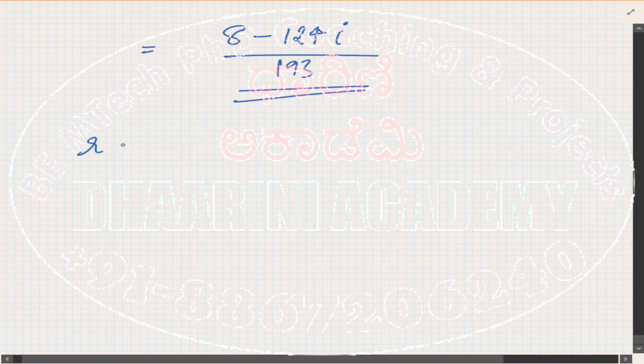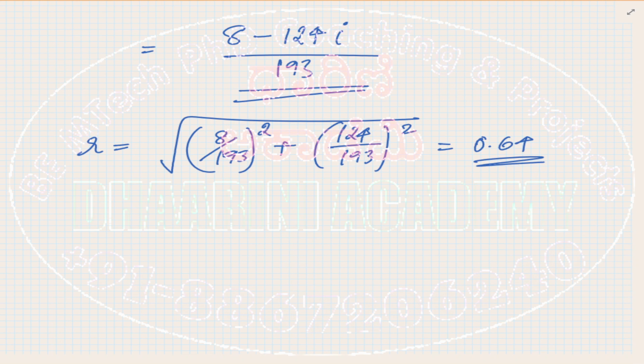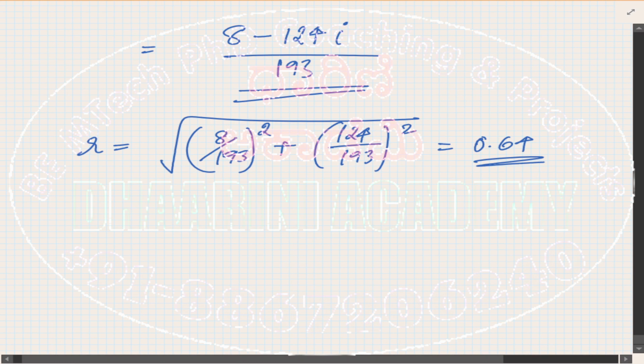So calculate r. This is equal to root of (8/193) squared, the real term x value squared, plus (124/193) whole squared. Okay, the magnitude is 0.64.